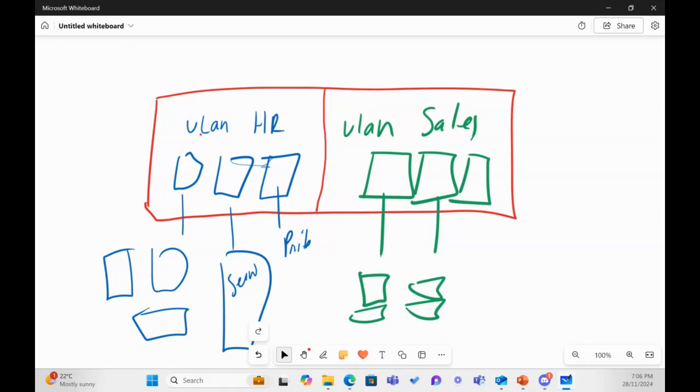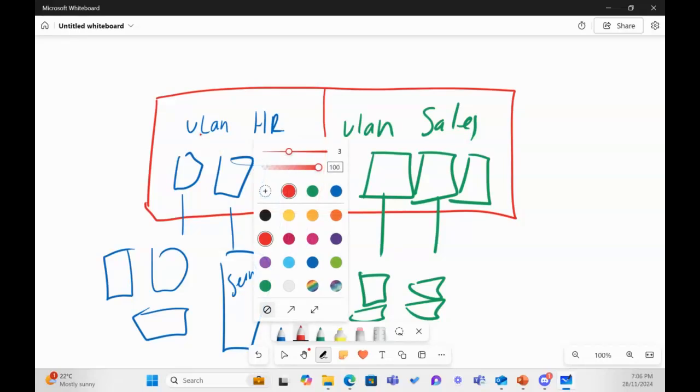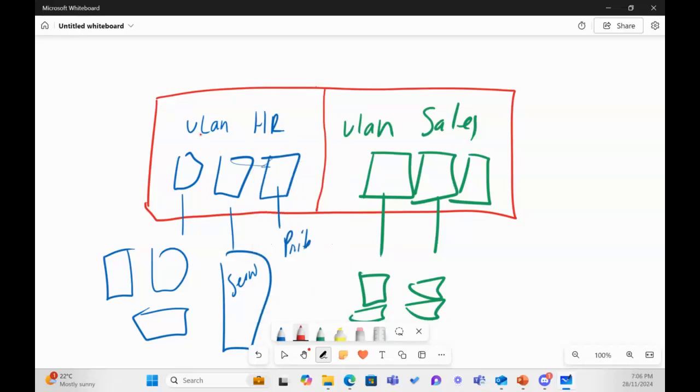Okay. Now, if we wanted to connect these two together, which we can't do at the moment, we would have to use another port. Okay, I'm just going to put this port here. I'm going to have to send this to a router. And I will need to set up a trunk, which carries the two VLANs.